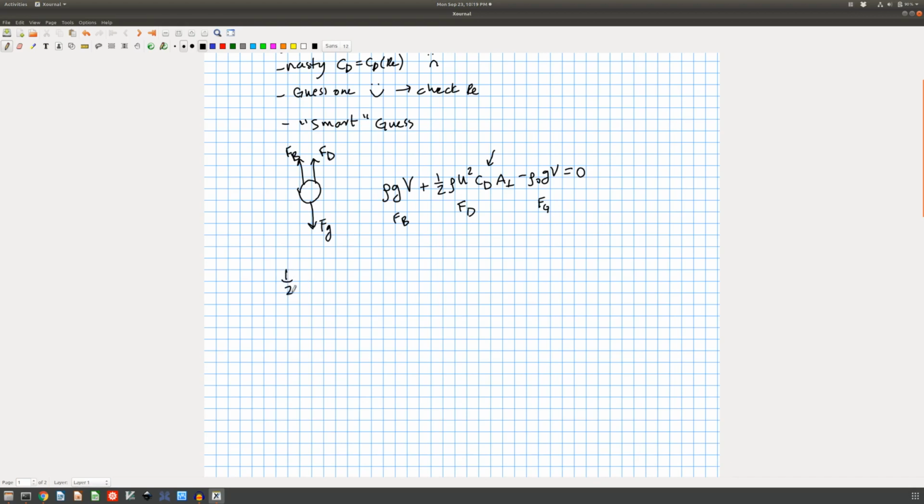So I have 1/2 rho u squared drag coefficient projected area is equal to rho 0 GV minus rho GV. All right, and notice that I can pull out the GV and have rho 0 minus rho.